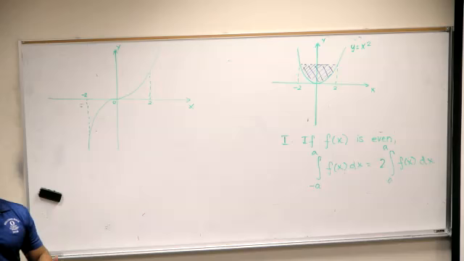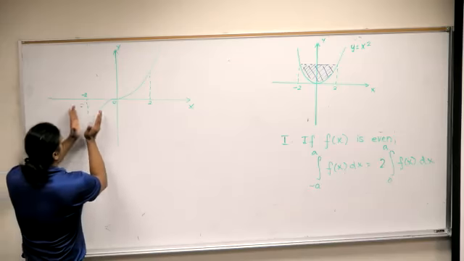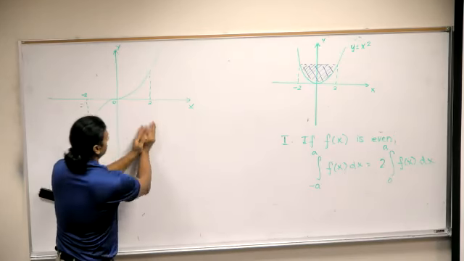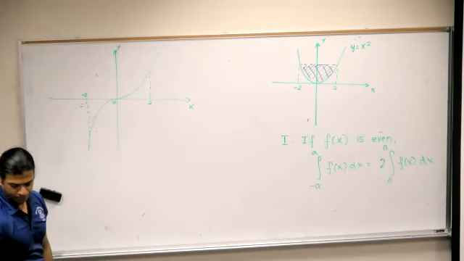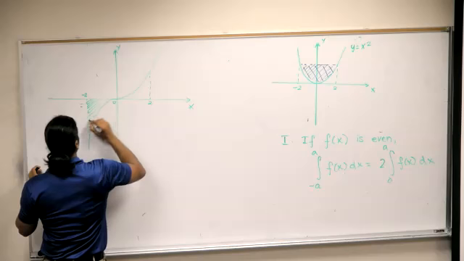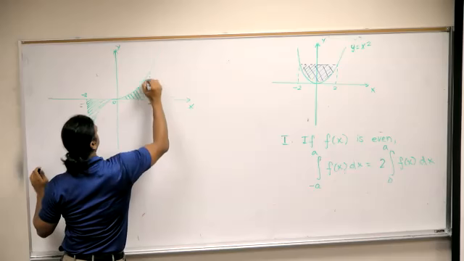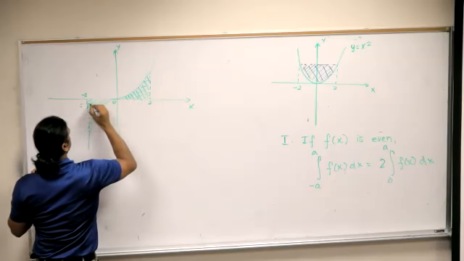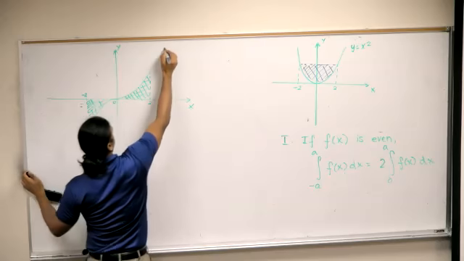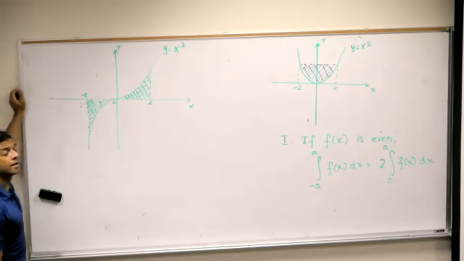Let's say I want to find the net area from -2 all the way up to +2. It would again be the area from -2 to 0 and then multiply that by 2.